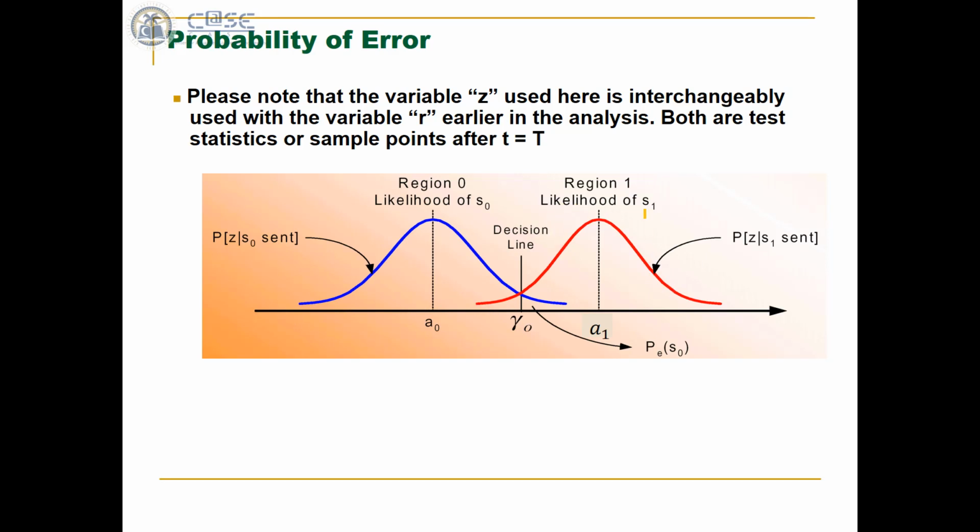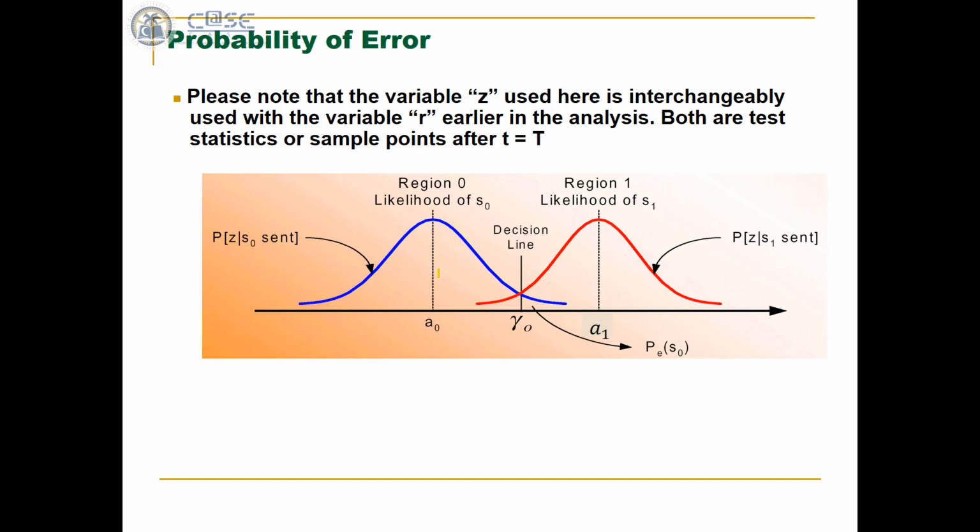So you transmitted S1, and because of the noise, your amplitude varied, and it resulted in a smaller value than gamma naught, and it landed in the left hand side, or the region of signal class S0. Then you took a decision in favor of signal class S0, and that's the error decision that you made at the receiver end.